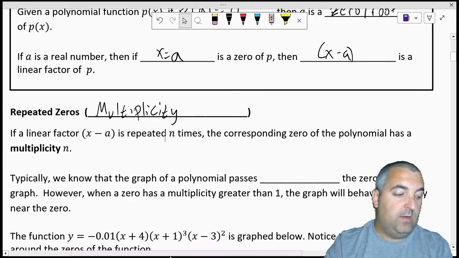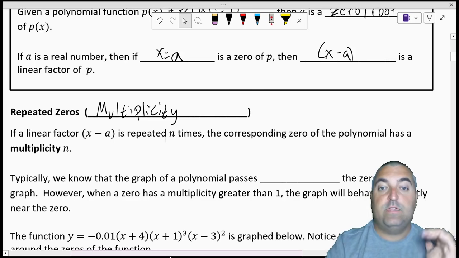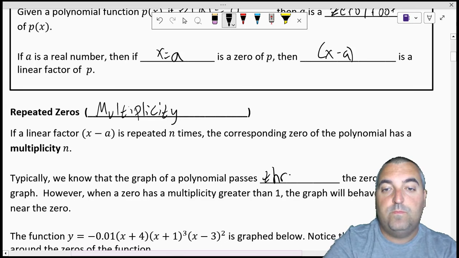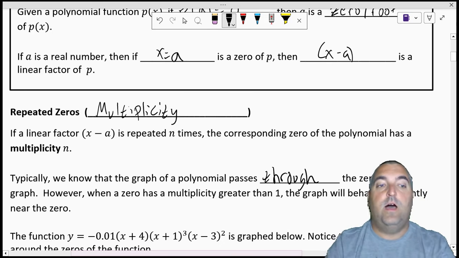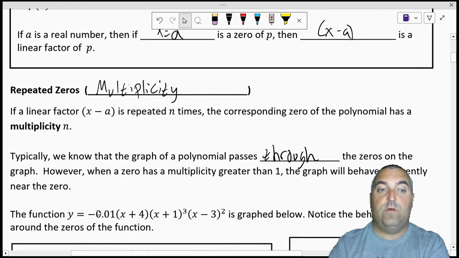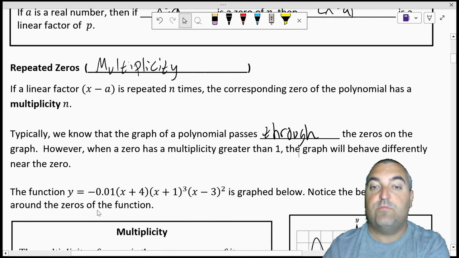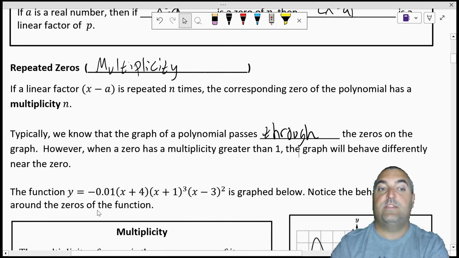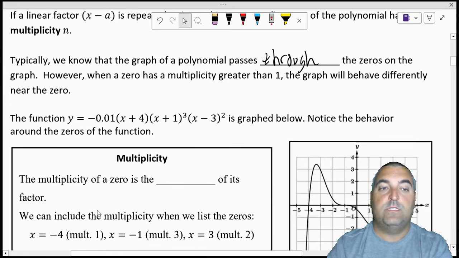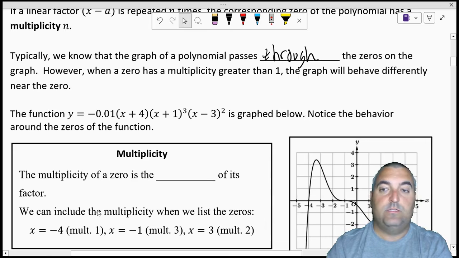Typically we know that zeros usually pass through the x-axis. However, when a 0 has a multiplicity greater than 1, the graph will behave differently near that 0.